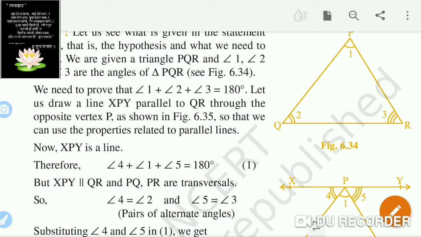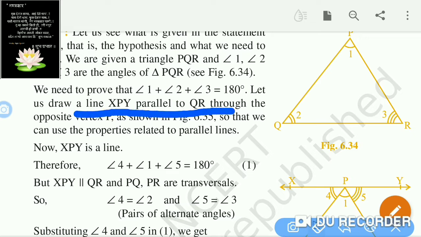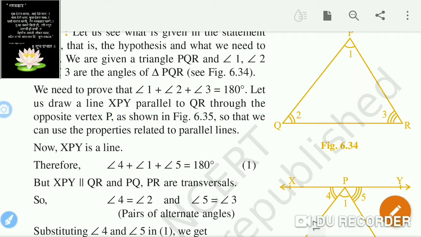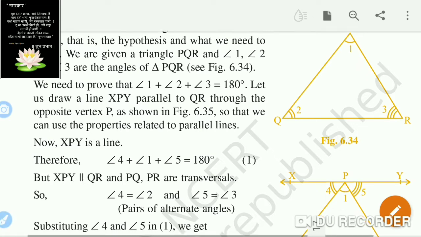Line XPY is parallel to QR. Let us draw this line XPY parallel to QR through the opposite vertex P, as shown in the figure, so that we can use the properties related to parallel lines.